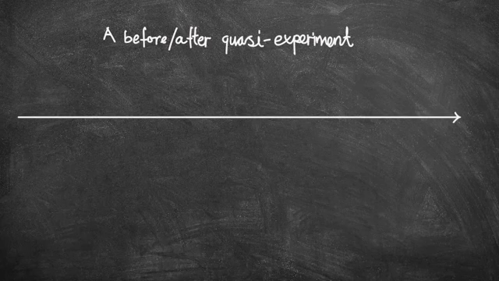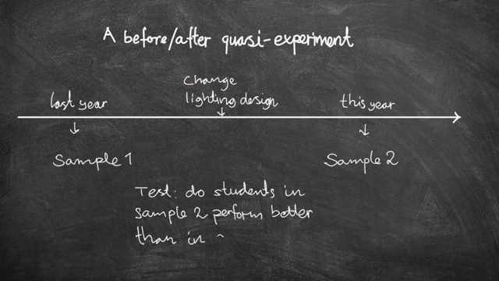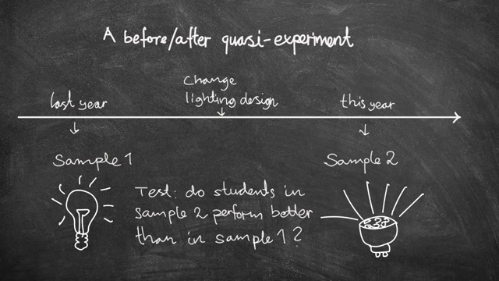Because when you do a before-after, you say, okay, so we want to see whether the lighting at KTH, when we change that, is going to affect student outcomes. And then we compare last year's results with this year's results after we've changed all the lighting in all the rooms. Then, of course, you can see that there are plenty of potential factors that might have changed between last year and this year.